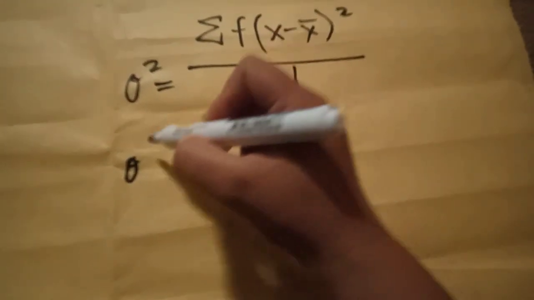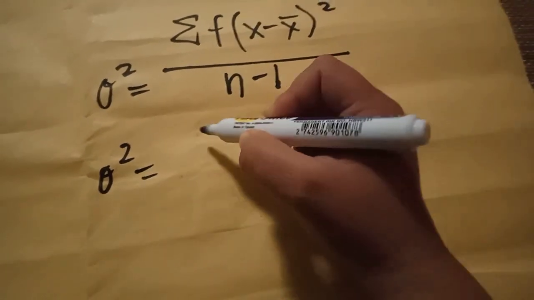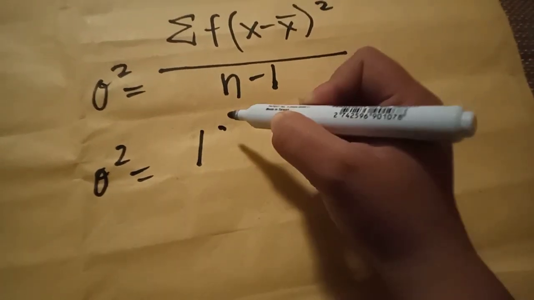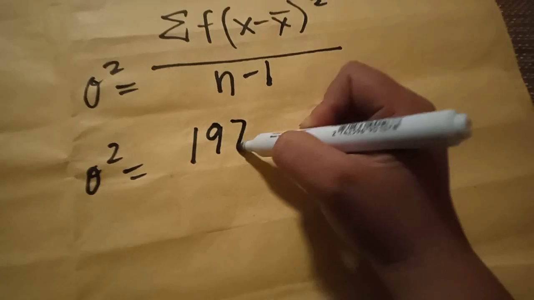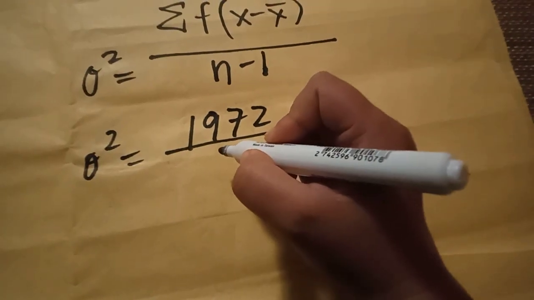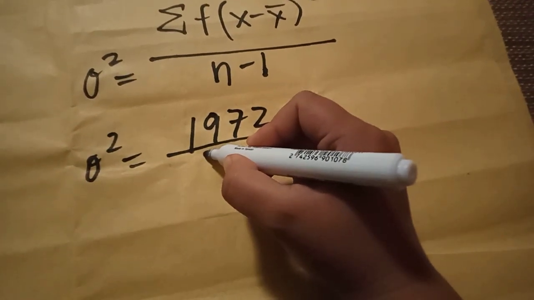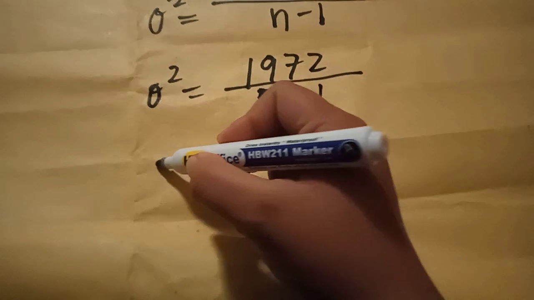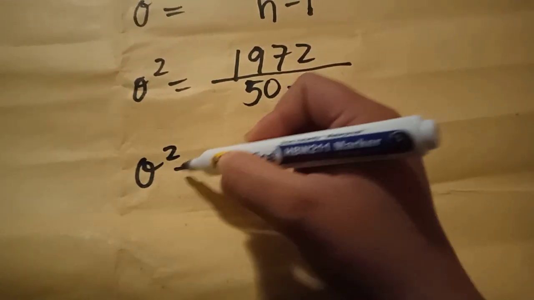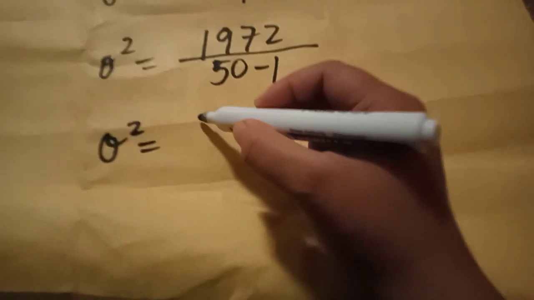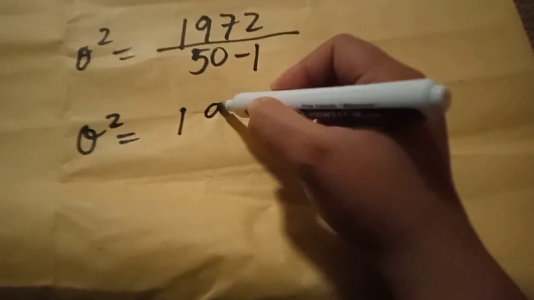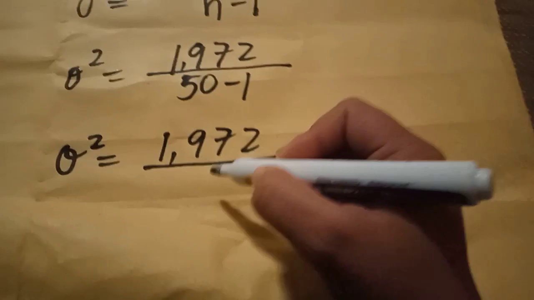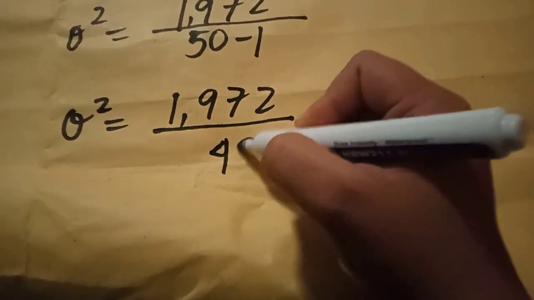Sigma squared is equal to 1,972 all over 50 minus 1. So that will be sigma squared is equal to 1,972 all over 49.